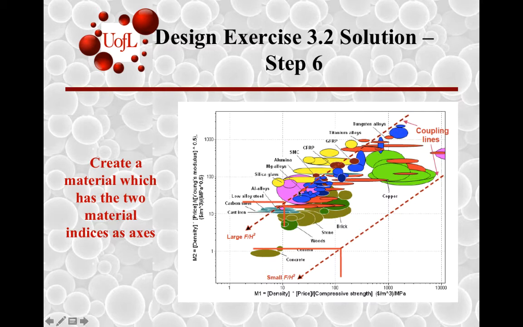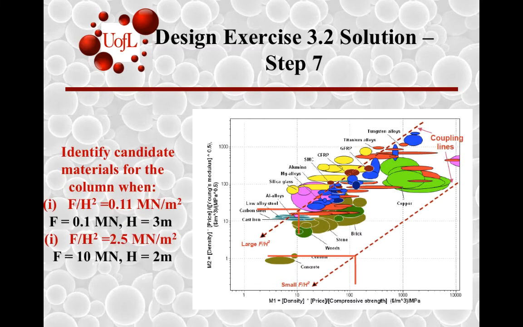So in this plot, the intercept of any given line represents the coupling constant. In this case, it was proportional to F by H square.